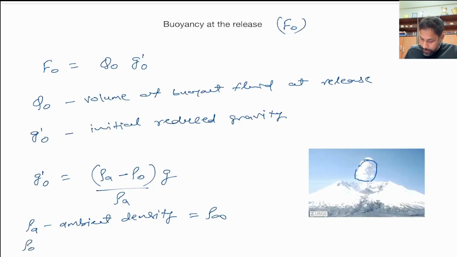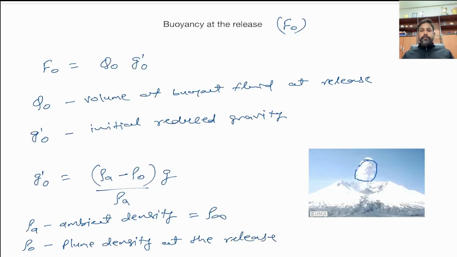All right, and rho naught is the plume density at the release. Okay, so that is the volume of the released fluid along with the g prime value.